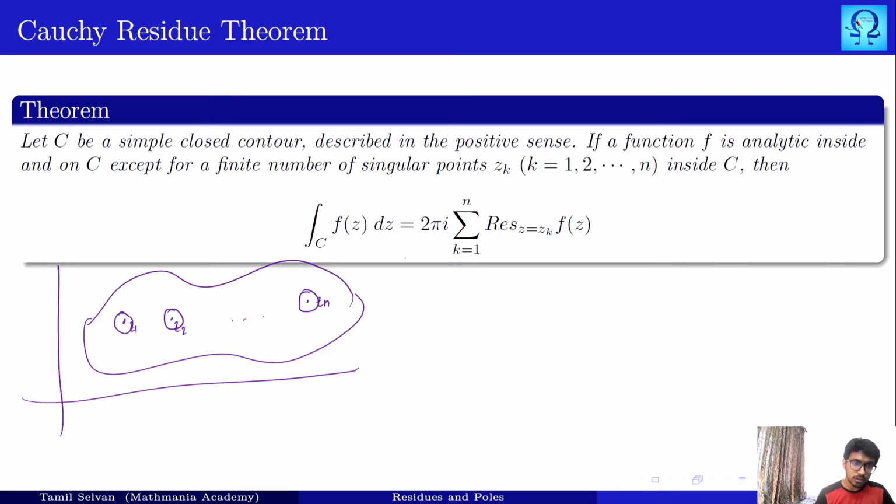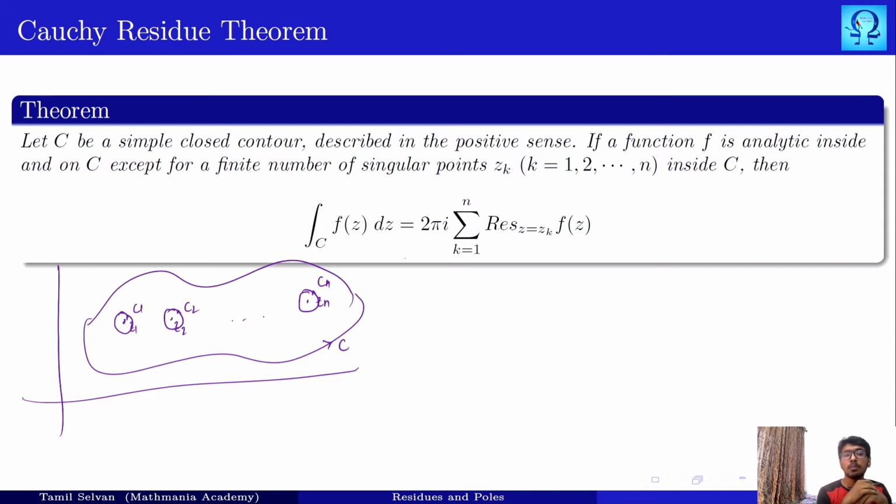This one let me take as c1, this one as c2, this one as cn. Likewise I choose n different neighborhoods of the respective singular points. This entire thing we take as c. This is the case we are going to deal with.